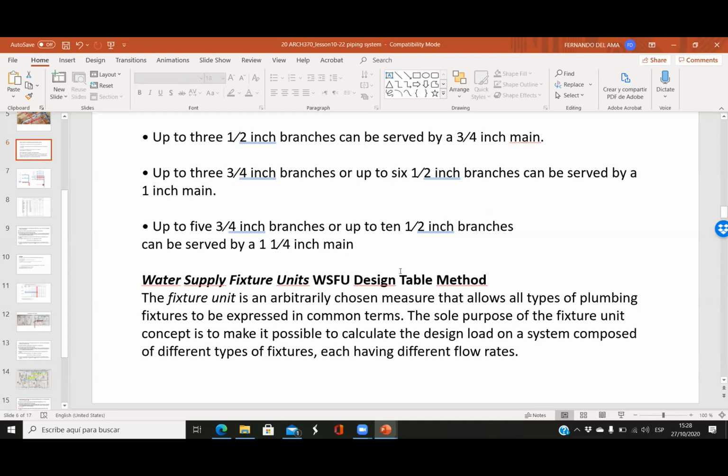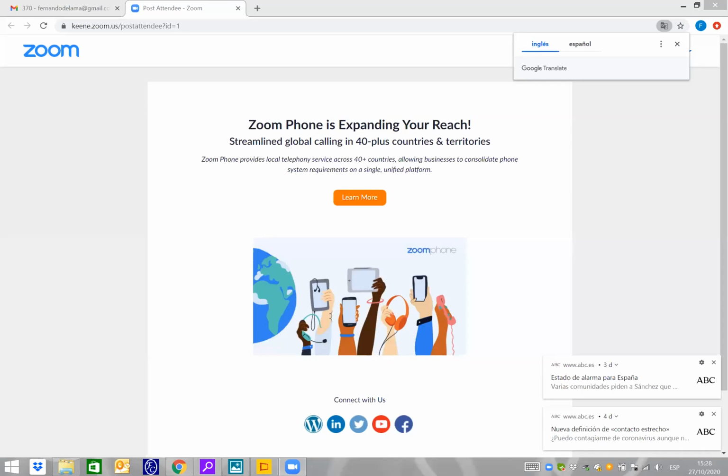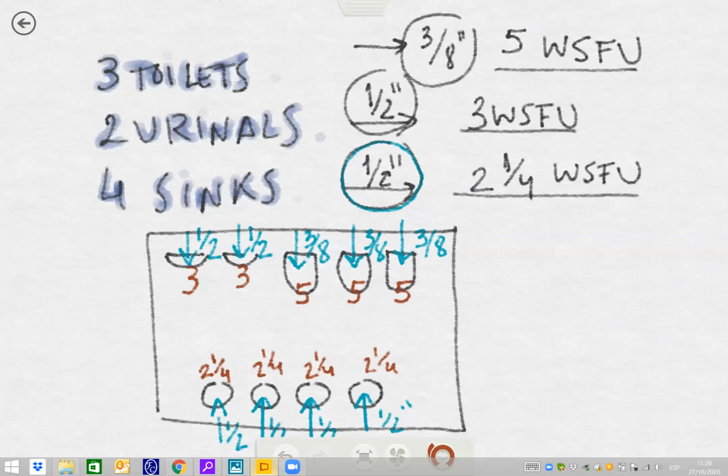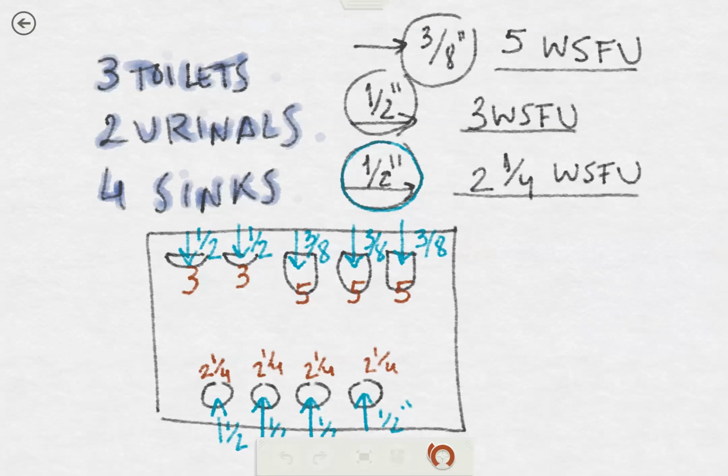So now we have to look at what we have here. Up to 3 1/2 inch, we could use a 3/4. But if you look at the sinks here, we have 1, 2, 3, 4.